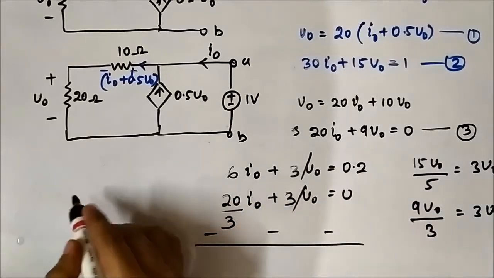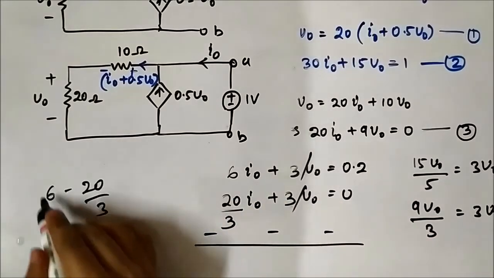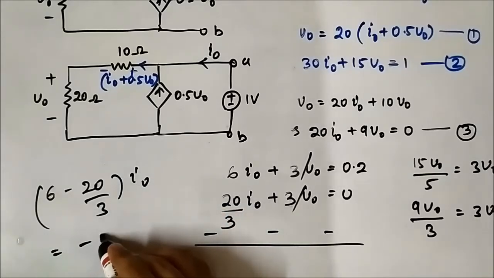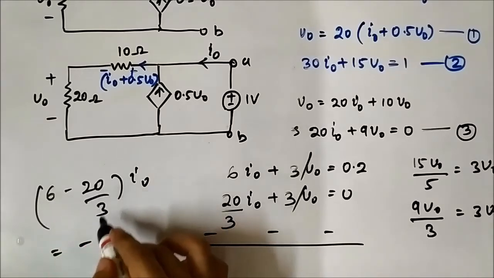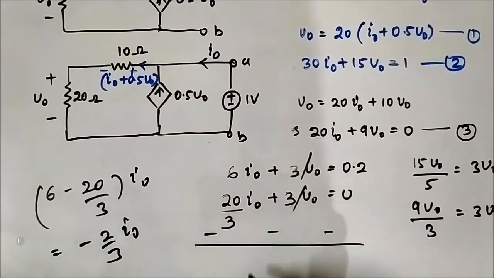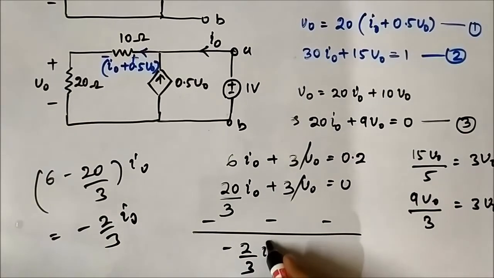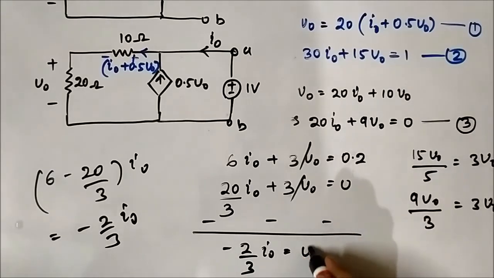So let us subtract it. 6 minus 20 by 3, which is basically minus 2 by 3, because 6 into 3 is 18, 18 minus 20 is minus 2 by 3. So minus 2 by 3 I0 is equal to 0.2.